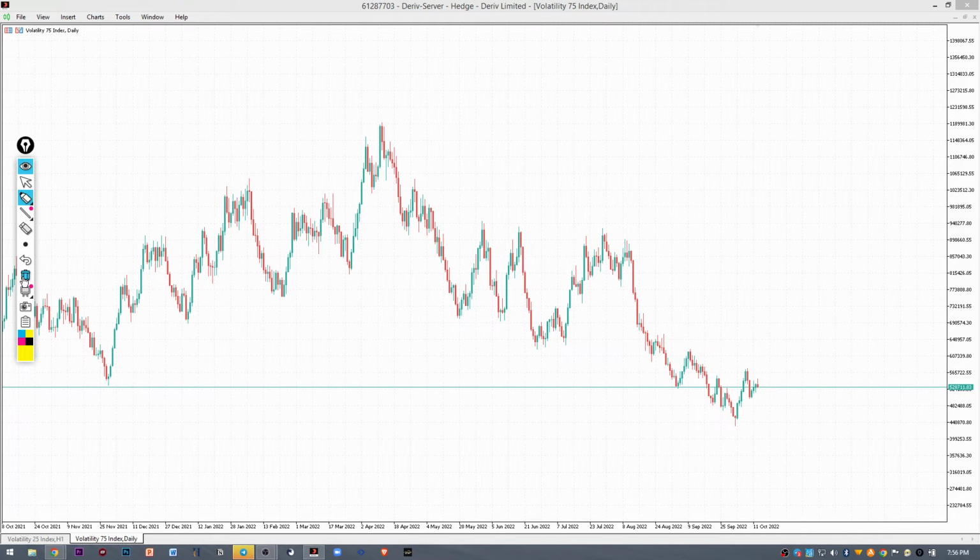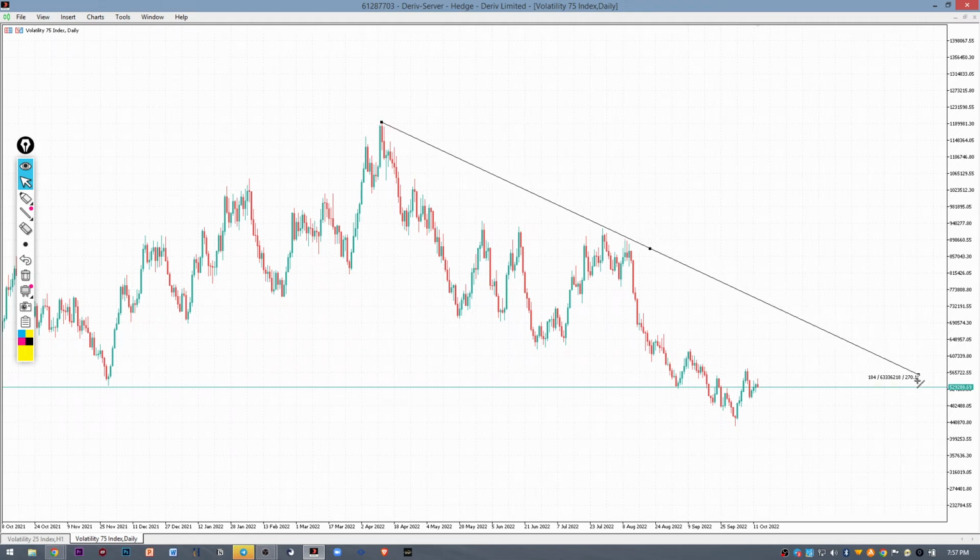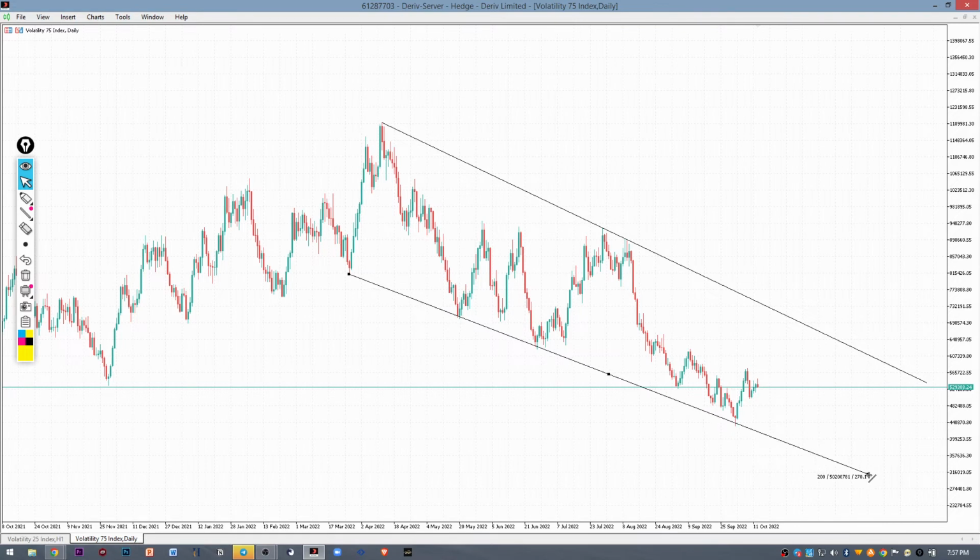So the main key to trading the Volatility 75, as you guys notice, is that I talk a lot about trend lines. So that is what we're going to implement right now. What I can see, guys, and you can do this as well, is that we have this trend line right here, and also this trend line just down here.